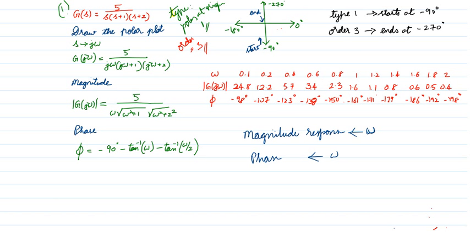Now what I'm going to do is, I request you all to take your calculator, and you can see here I'm going to find the magnitude response, right? So what is the expression? Type the number 5 divided by, open the bracket.